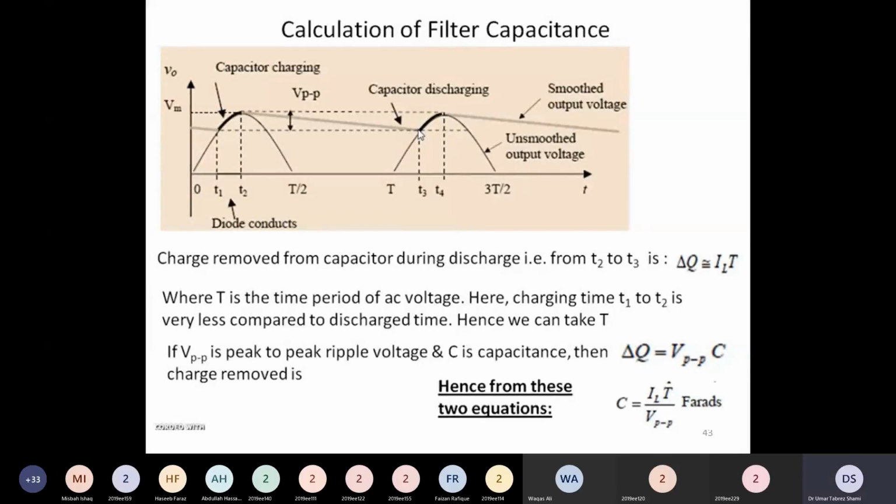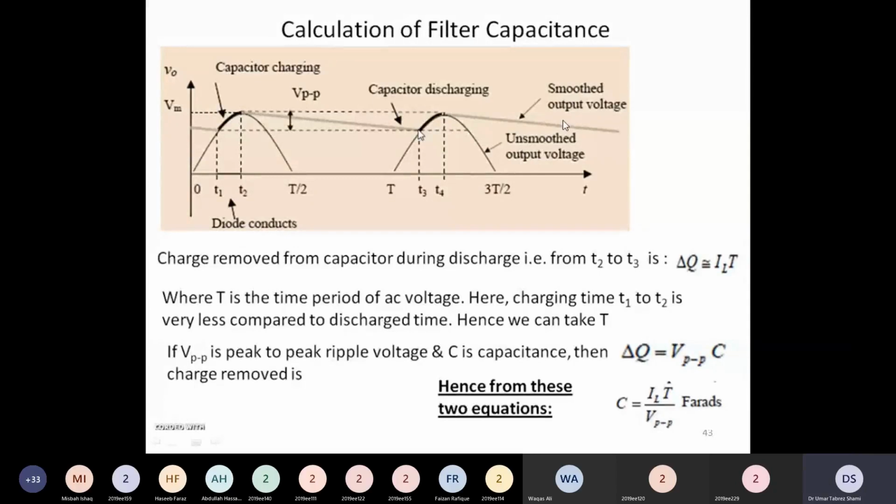So in this waveform, from time 0 to t2, for the first pulse only, the capacitor will charge. And from time t2 to time t3, the capacitor will discharge. This will happen only for the first pulse.